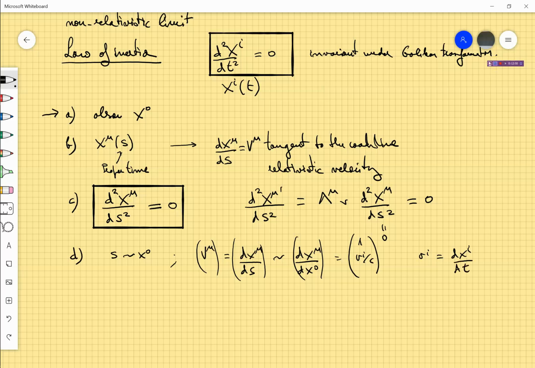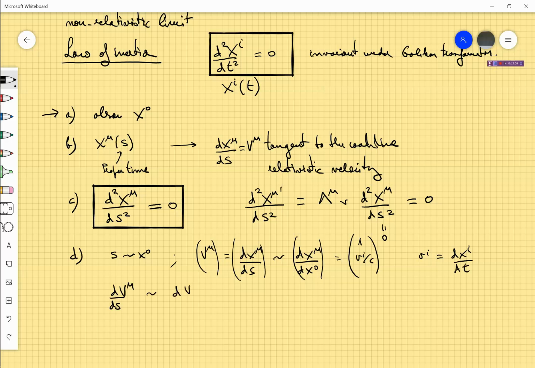divided by dt. Now if we plug this in, we take another derivative, the derivative with respect to s of u mu.